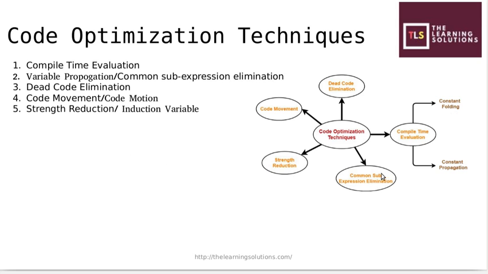The second is common subexpression elimination, also called variable propagation. Next is dead code elimination. Next is code movement or code motion, and the fifth is strength reduction or induction variable. I have mentioned both names because different literature uses different names, so don't get confused, the meaning remains the same.